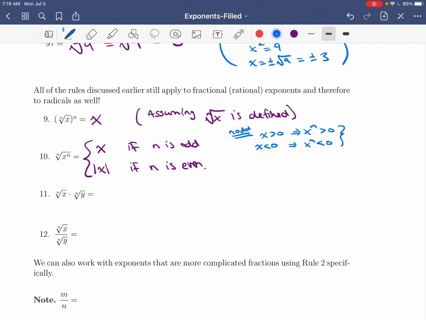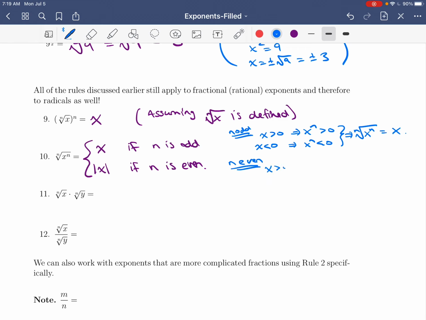In both cases, I want the nth root of x to the n. So the n is odd here, so there's no restrictions on the inside. It doesn't matter if this thing's negative or not, it just spits out the correct answer, which is x.